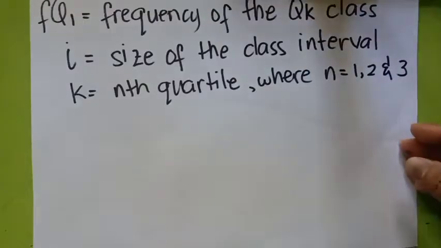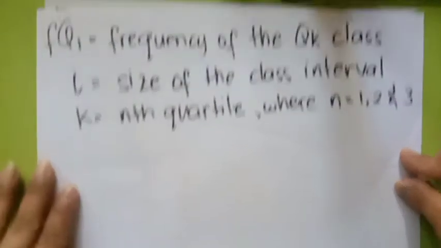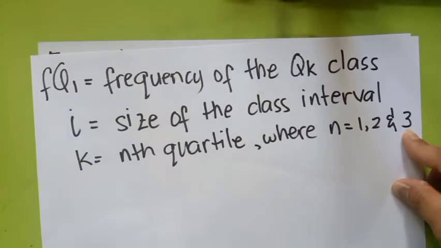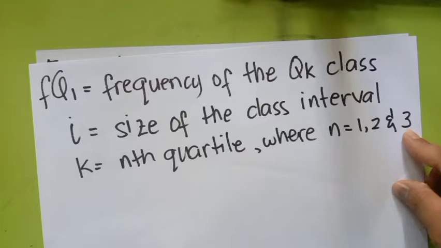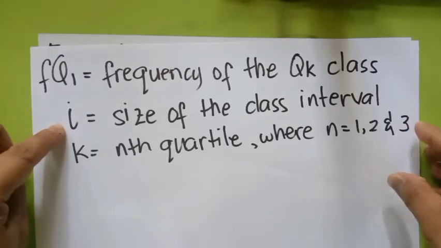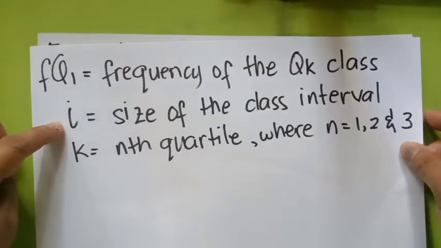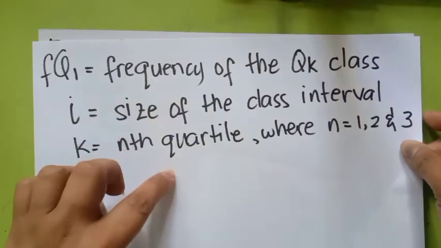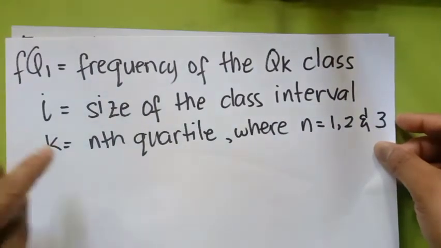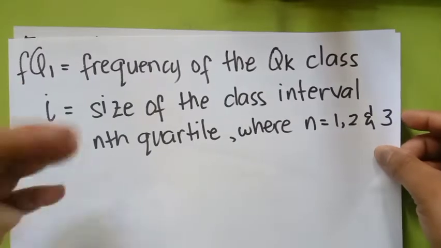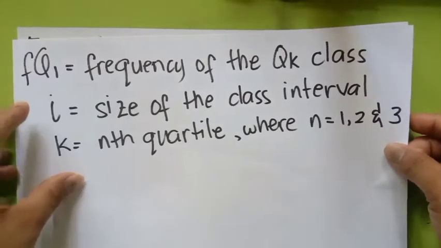And then, fQk is the frequency of the quartile class. i is the size of the class interval. And k is the kth quartile, where k is equal to 1, 2, or 3. Depende yung k kung hinahanap nyo is quartile 1, quartile 2, or quartile 3.